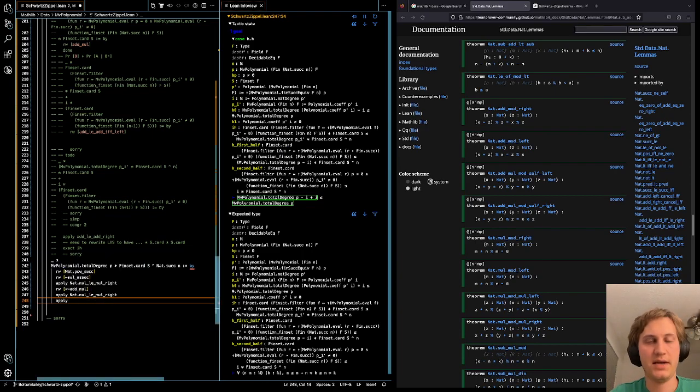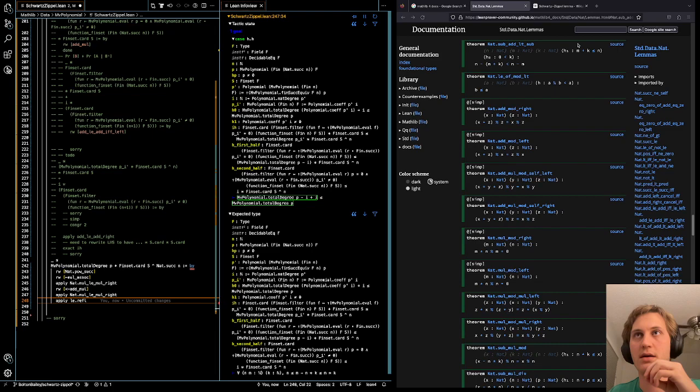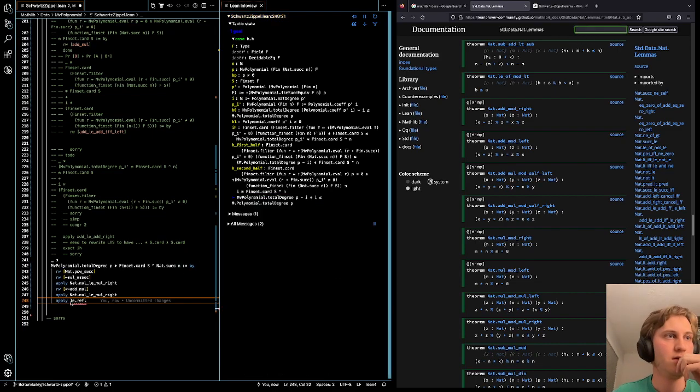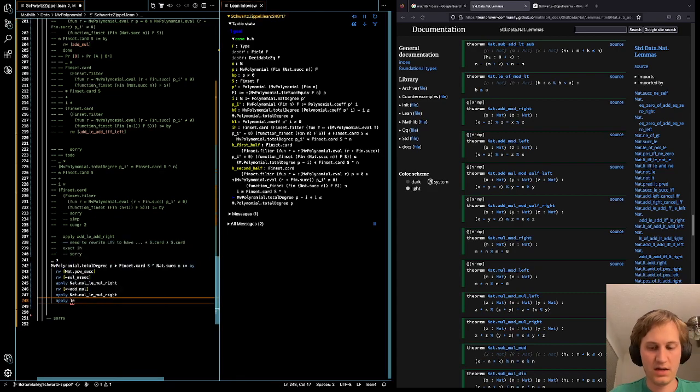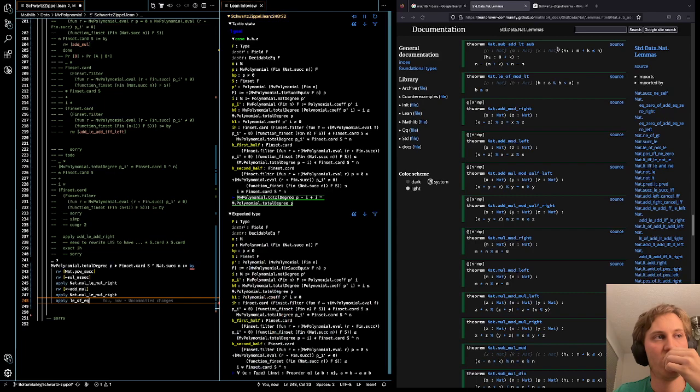So really it should be le_refl, right? Yeah, le_refl. But what I'm looking for is a minus b plus b. Le_of_eq. That seems a bit more correct.